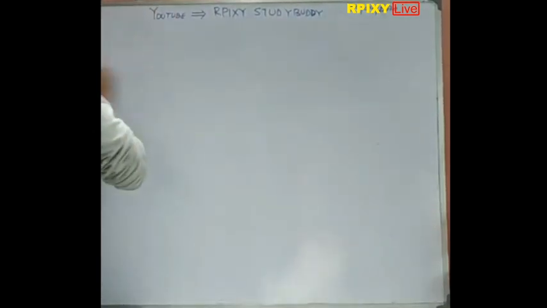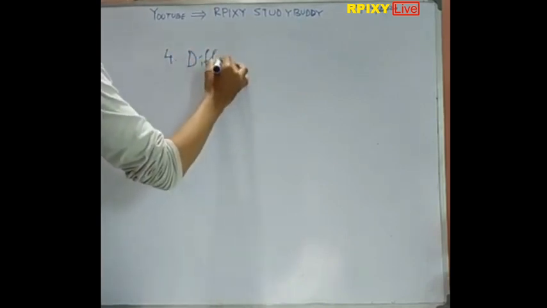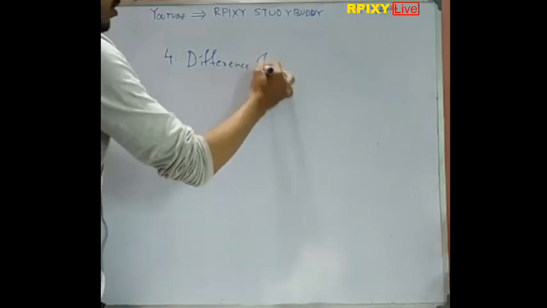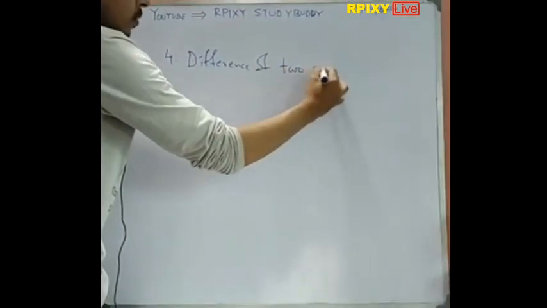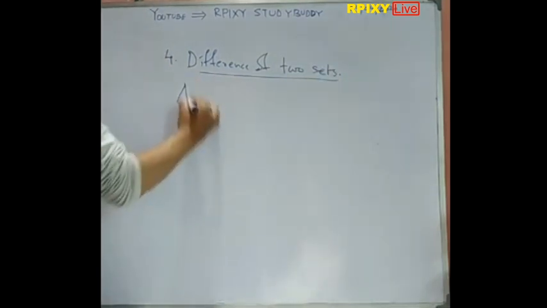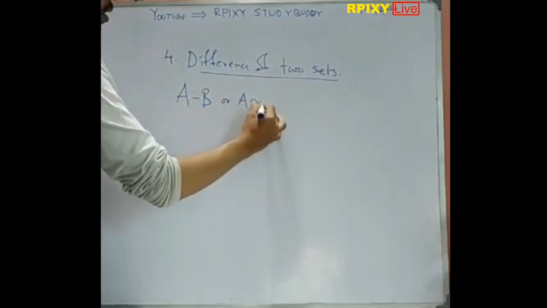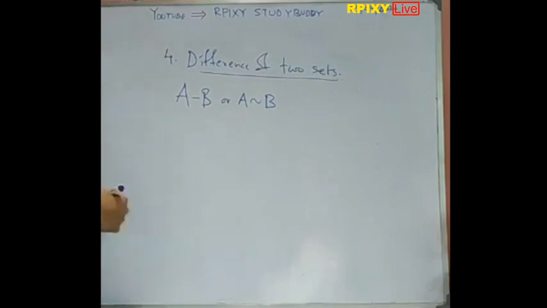Next, the next operation is difference. Difference of two sets. We indicate this as A minus B, or with another symbol. You can use either one.